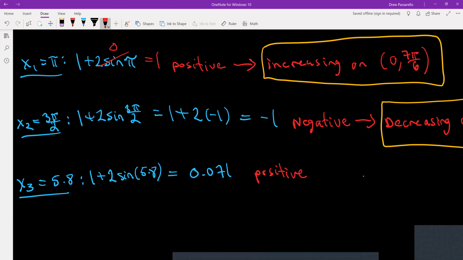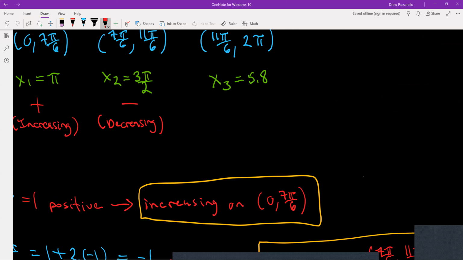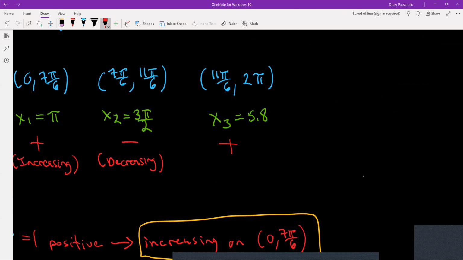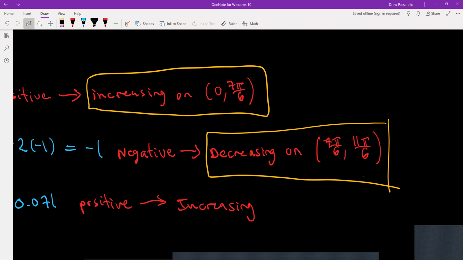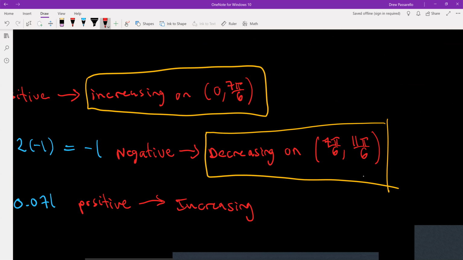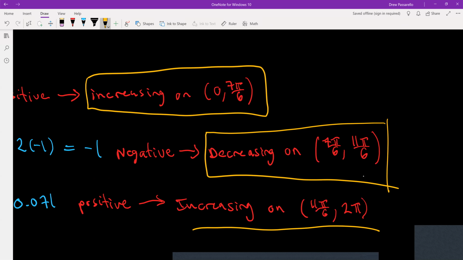All right, so the intuition holds. Since it's positive, then yes, it's increasing. And for this one, that came from the interval 11 pi over 6 to 2 pi. All right, and that is the answer, just determining the intervals of increasing and decreasing.